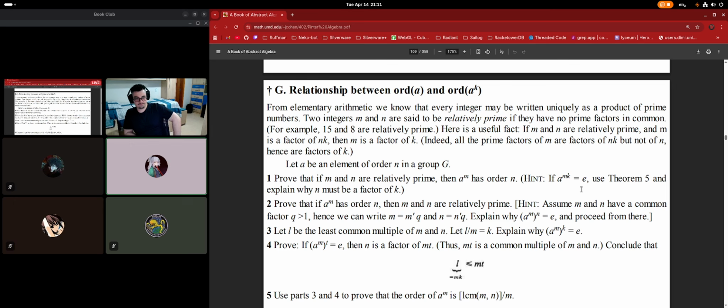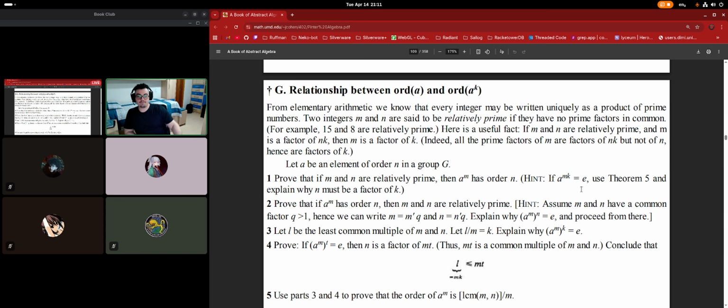But we know that m and n are relatively prime, which means that you cannot get n out of this m factor. You can only get it from k, right? Yes, I agree on that. And then we would have to go and reread Theorem 5 as the hint tells us to.